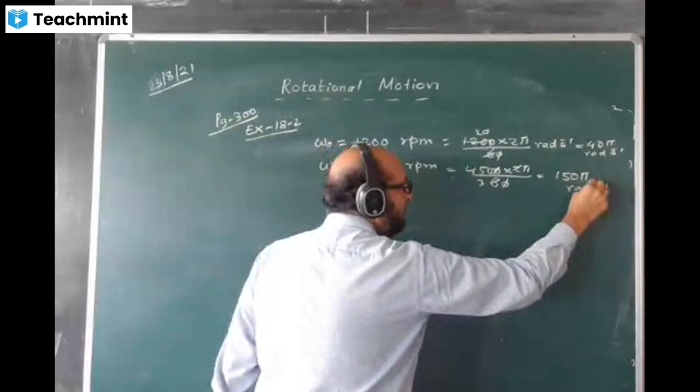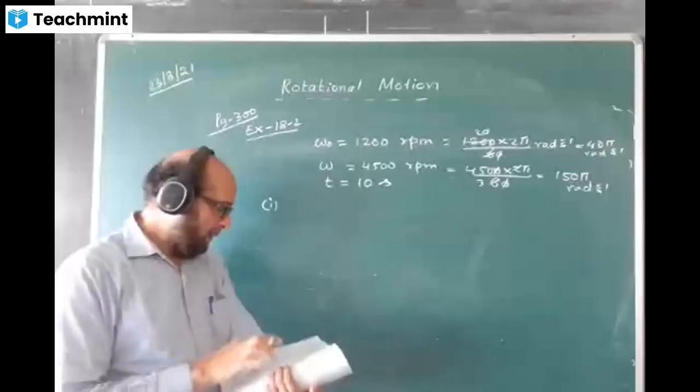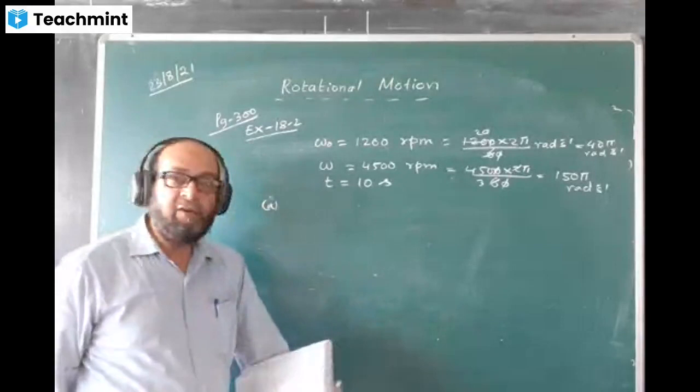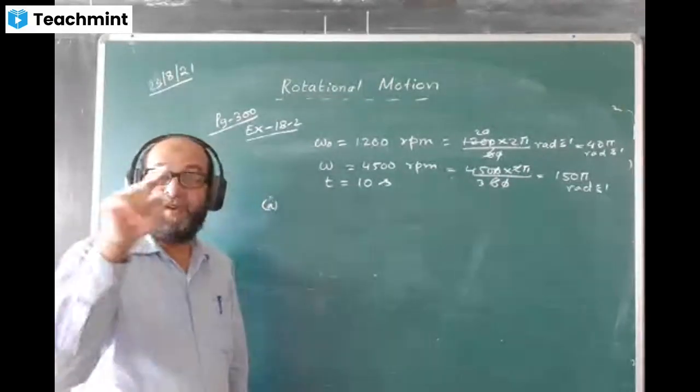Now, part A: we find the angular acceleration, find the value of alpha. Omega naught, omega and t are given.